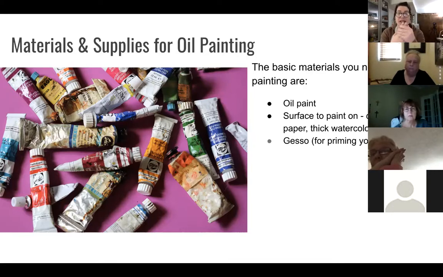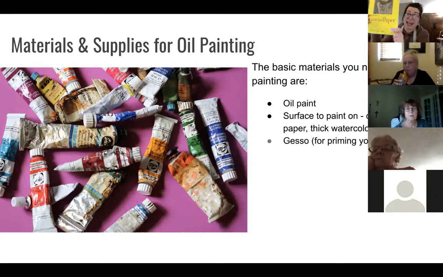It's especially important with oil painting, even on just watercolor paper. You'd need a coat of gesso. I'll talk about this in a minute, but I just have canvas paper, which is already primed and ready for use with oil paints. I don't have to do anything to prepare it.